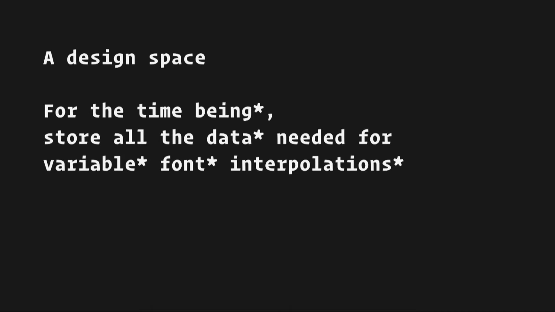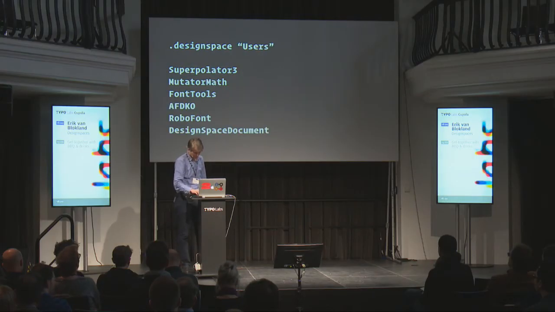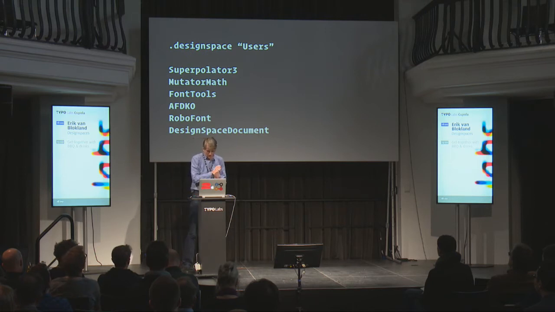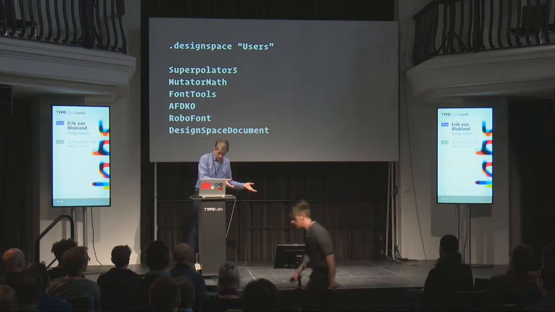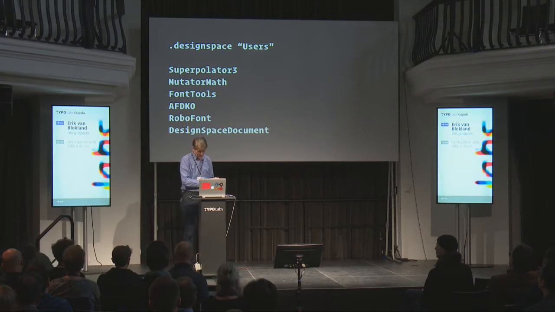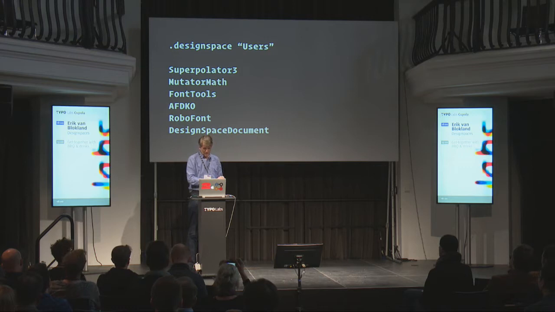All of this, of course, is in flux, and things will change. The data will change, and what variable fonts mean will change, and what interpolations mean will change. Specifically, the Designspace file as it exists right now was sort of like a Superpolator document, but then it was made a little bit simpler. Adobe helped making mutator math public and open source, and I needed the file format for that.